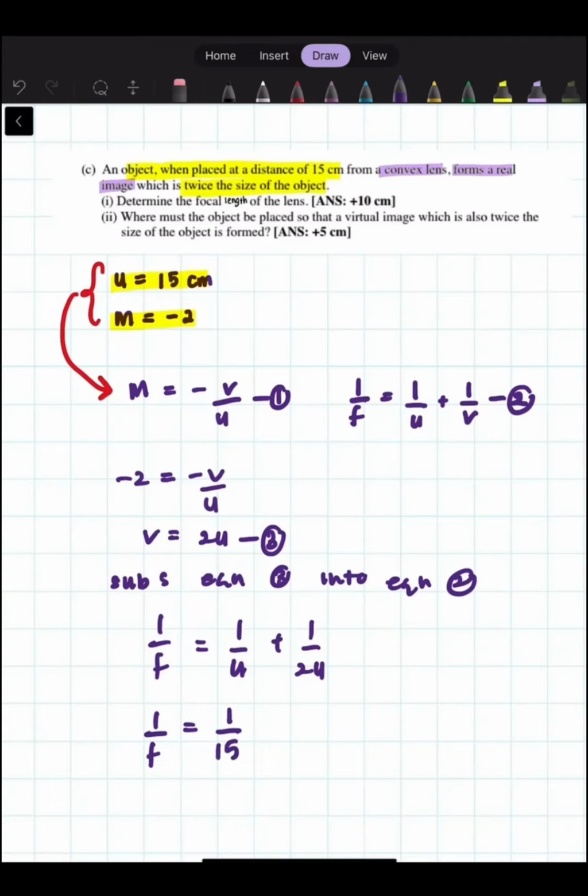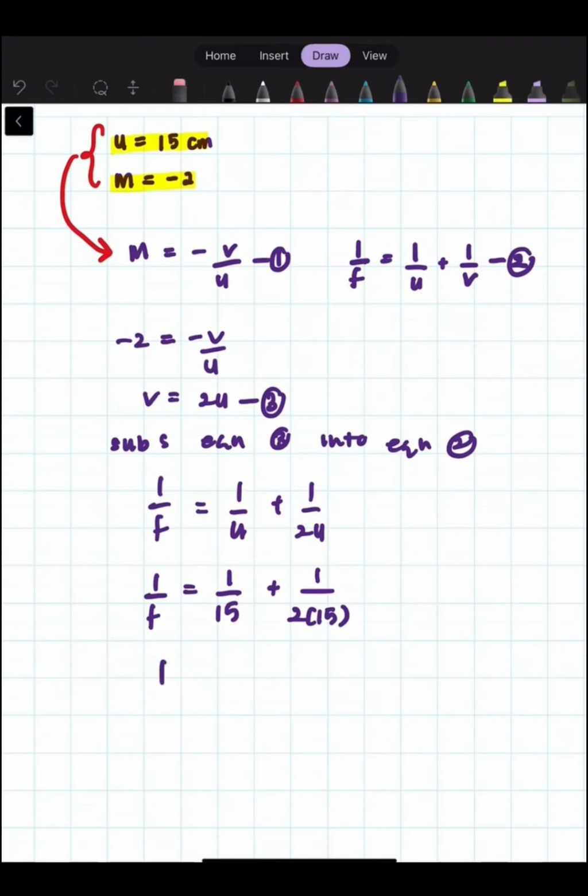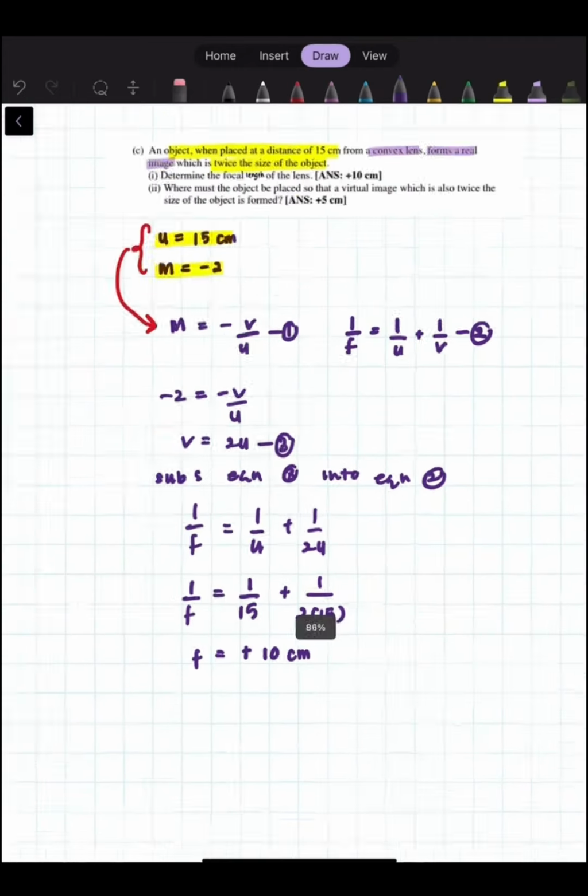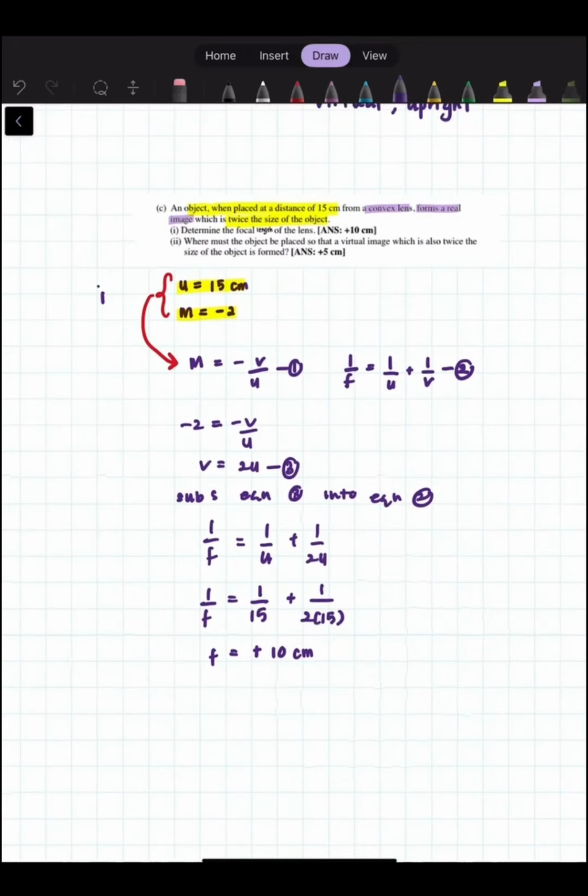Since the object distance here is given, which is positive 15 centimeter, we can plug in that number and get the value of f, which is positive 10 centimeter. That is for question 1.